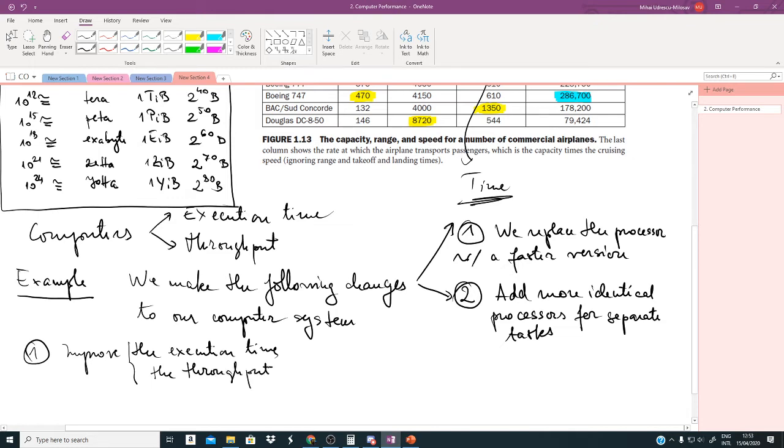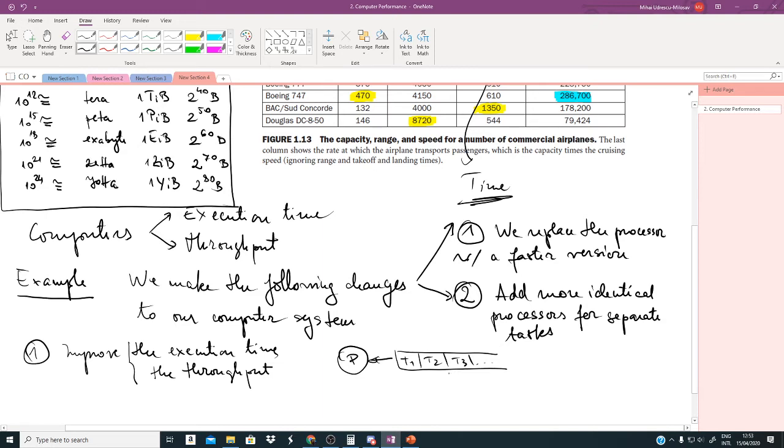Why is that? Well, if you have this processor and you have a queue of tasks: task 1, task 2, task 3. Obviously, P will serve one after another. That's our assumption. Then tasks 1, 2, and 3 are executed faster, which means that the execution time for each and every one of them is improved.